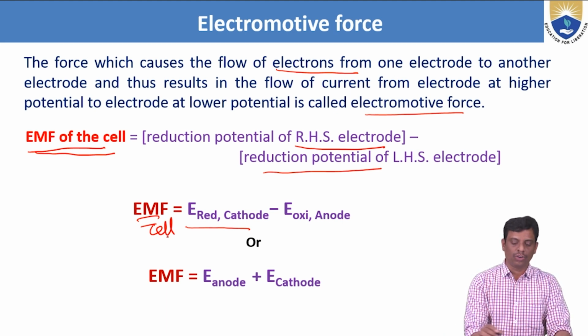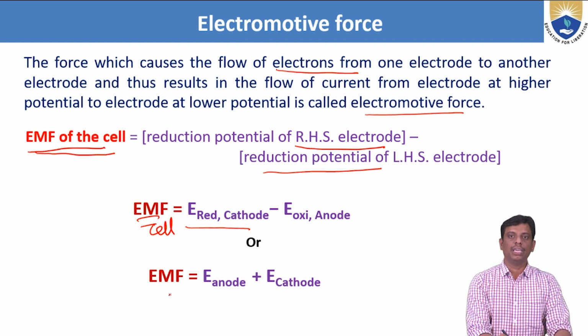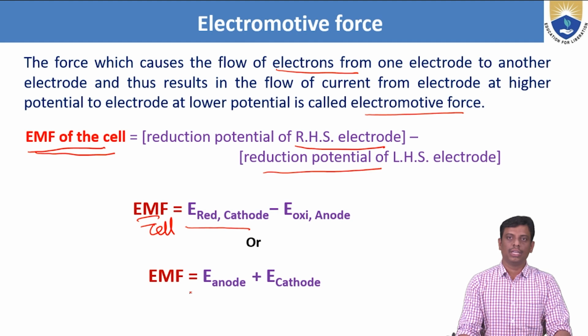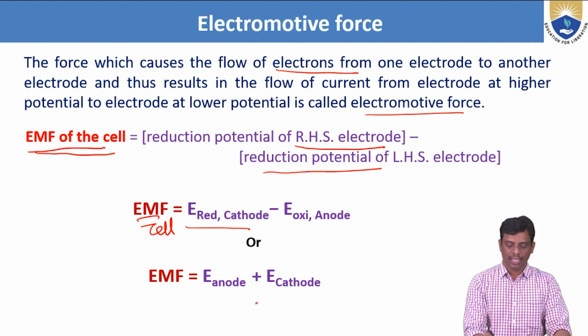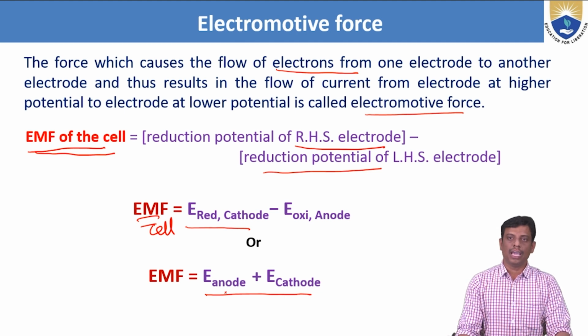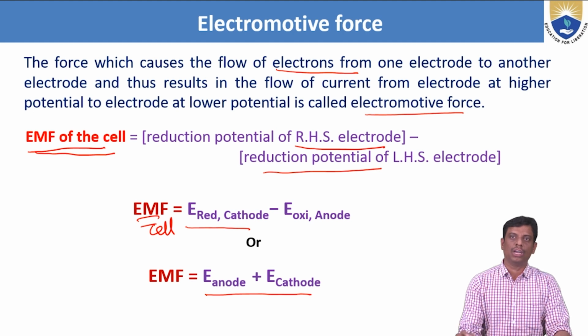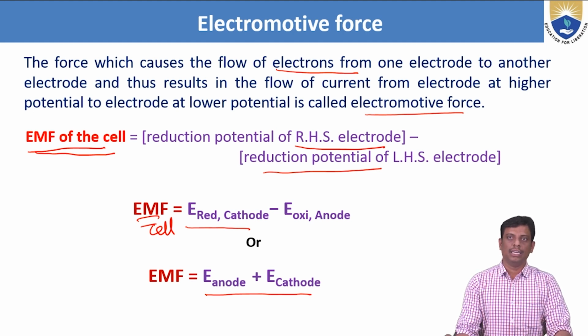We can simplify this equation very simply. The EMF of the cell is equal to E anode plus E cathode, where E anode is the oxidation potential. We can also represent the same equation as E cathode minus E anode. The potential difference between the two electrochemical half cells is called the electromotive force.